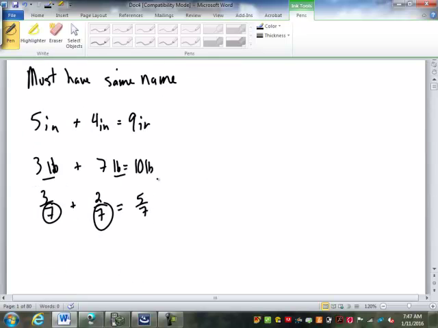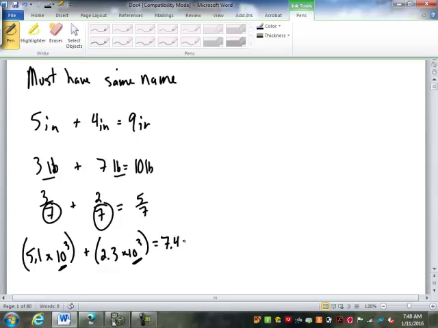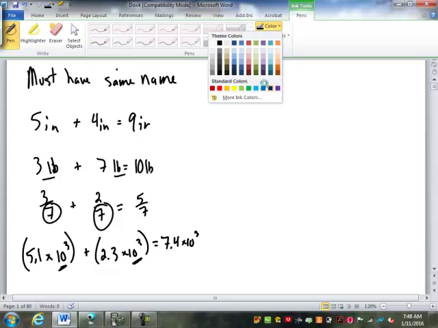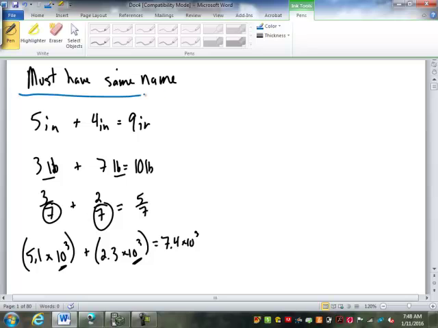We could add 5.1 times 10 to the third plus 2.3 times 10 to the third because they have the same name. 10 to the third is their names. That's just going to give us 7.4 times 10 to the third. Look familiar? So to add or subtract numbers, must have the same name, whether it's the same label, same unit, common denominator, same index, and a power for our scientific notation.